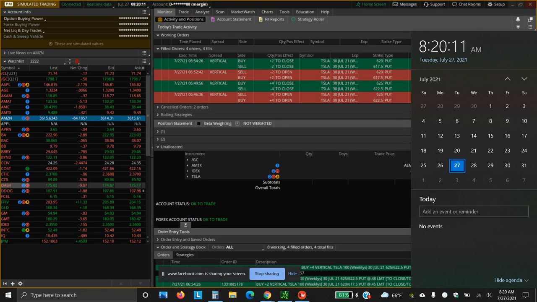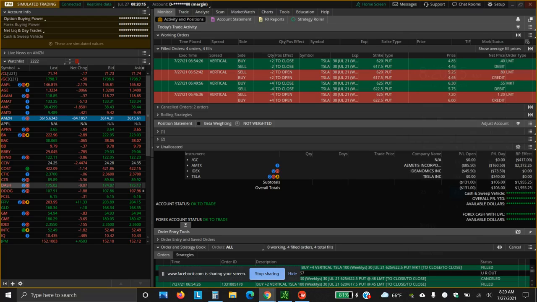But I'm just gonna practice trying to explain what options are. I'm gonna do an example on the two stocks that I probably made the most money on options, Amazon and Tesla.